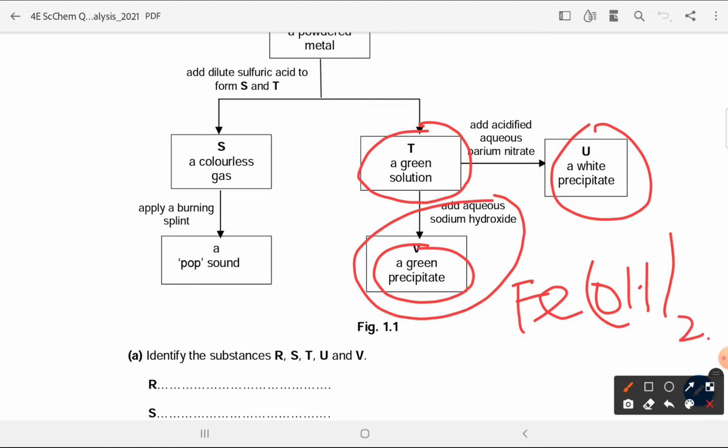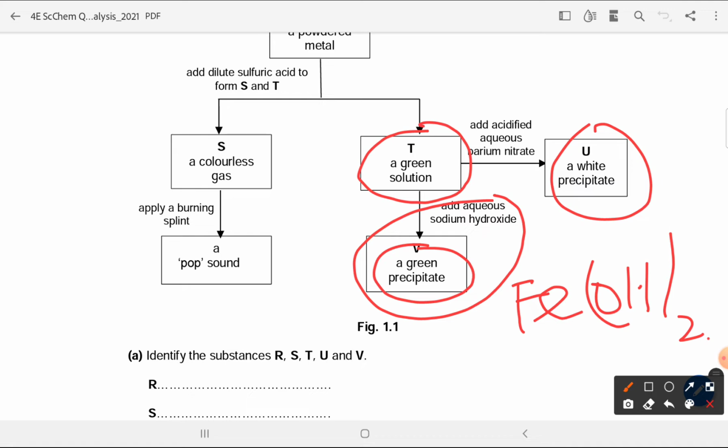For all the cation tests, the precipitate formed must be something hydroxide, because you add sodium hydroxide or aqueous ammonia, and aqueous ammonia is the same as ammonium hydroxide. So if you get a precipitate after adding sodium hydroxide or aqueous ammonia, the precipitate must be something hydroxide. In this case, green precipitate, it's confirmed that it is iron(II) hydroxide.